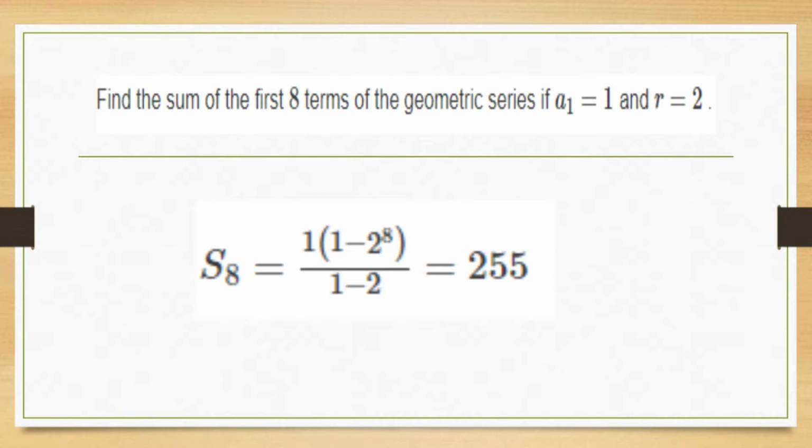And this is equal to 1 times 1 minus 2 raised to the power of 8 over 1 minus 2, equals 1 times 1 minus 256 over 1 minus 2, which is equal to negative 255 over negative 1, equals positive 255.